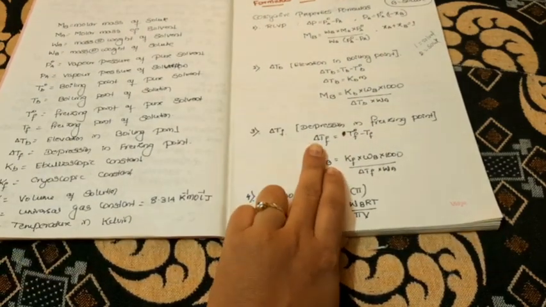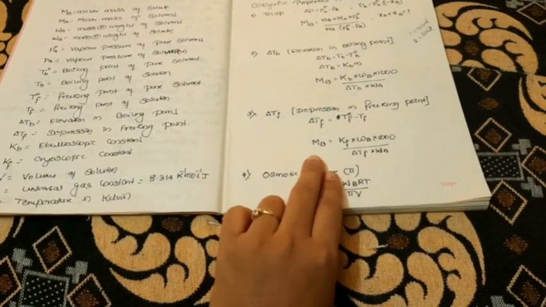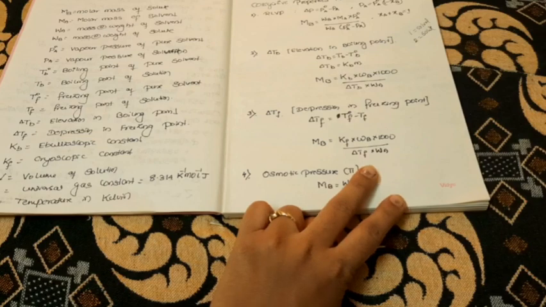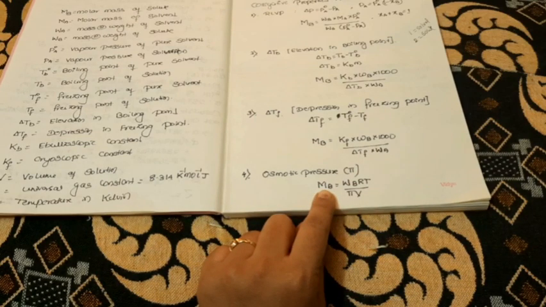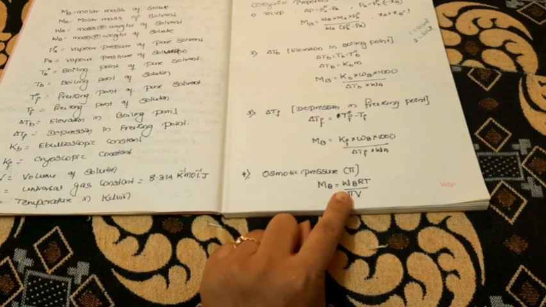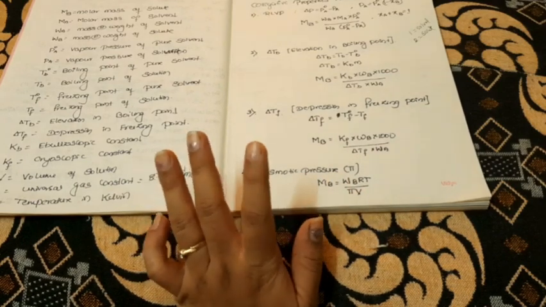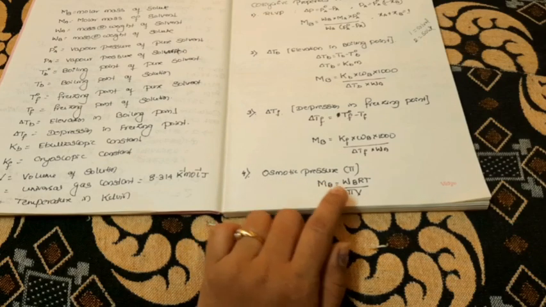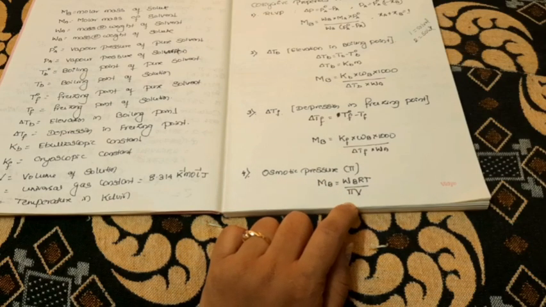Molar mass of the solute and depression in freezing point are both inversely proportional. And in case of osmotic pressure, molar mass of the solute and the osmotic pressure are inversely proportional. So one point you can keep in your mind is that both are inverse. If you write molar mass of the solute on one side, obviously the colligative property will come to the denominator.